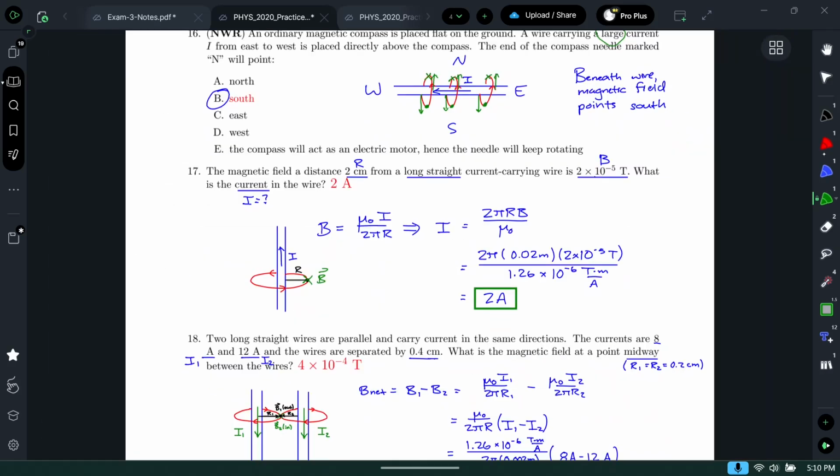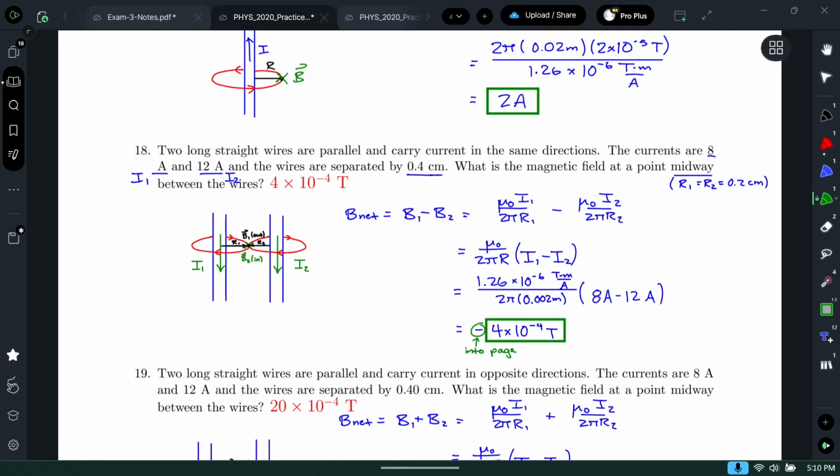Okay, and then number 18, the question was, would we get points off for not including the negative? I'd say it depends, because what it depends on is how you're defining your directions in the first place. I think of out of the page as the positive direction in this case, and so I get a negative answer to tell me that it's into the page is the actual direction of the net magnetic field.